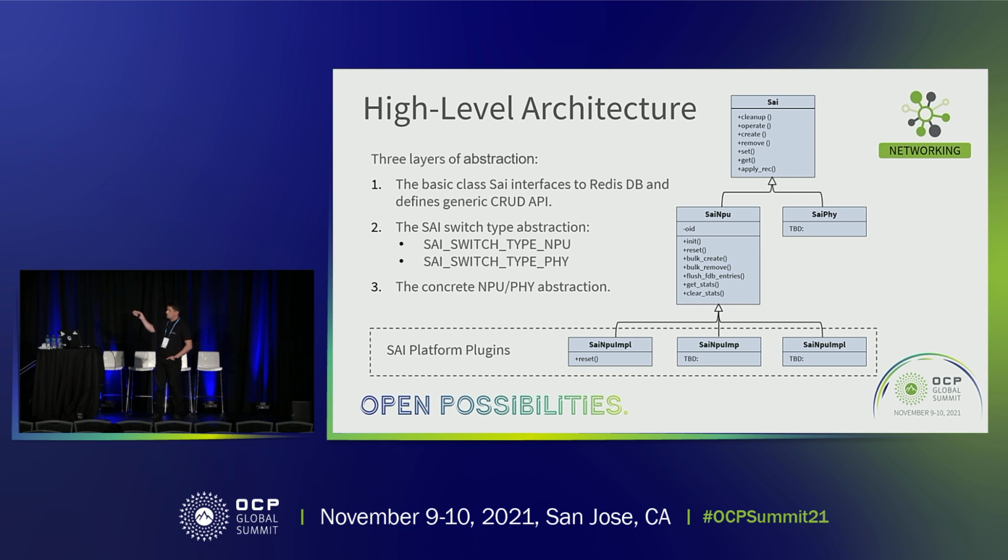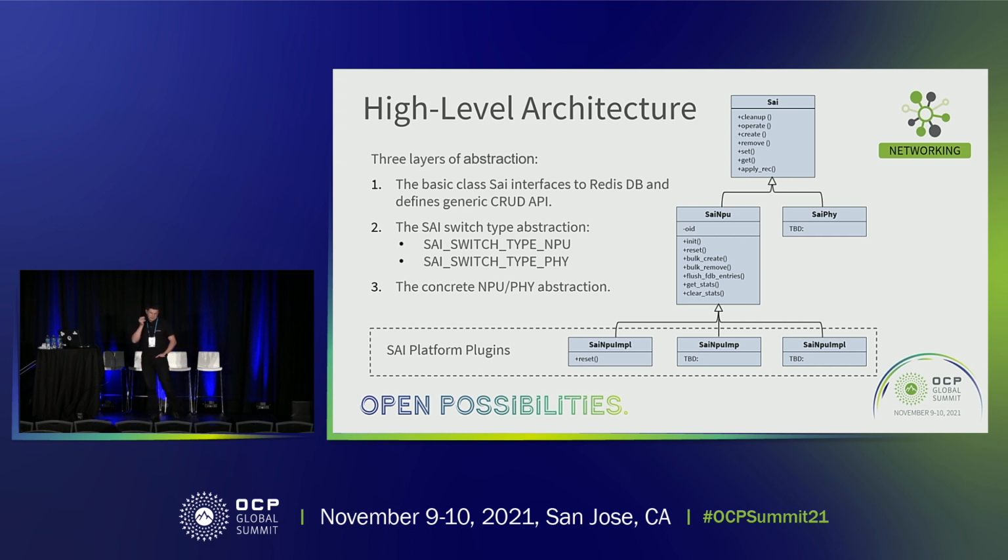They are specific to switch in silicon. You can see bulk APIs and some APIs to get and clear statistics, or FDB-related APIs, which are not related to PHY itself, right? And the last layer is vendor-specific. It's implemented in the form of plugins.